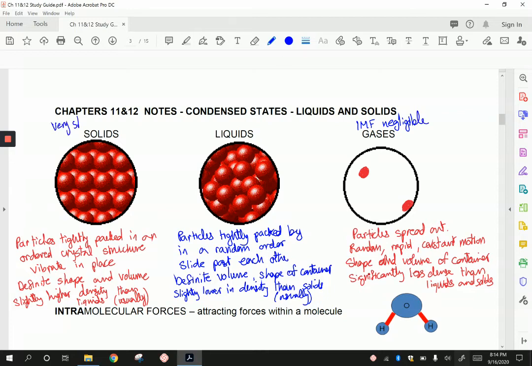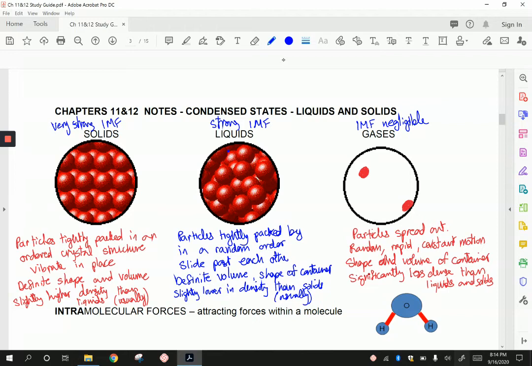Solids have very strong IMFs, and liquids have strong IMFs. So liquids and solids have pretty strong intermolecular forces. The solids are slightly stronger. With gases, these intermolecular forces are negligible, insignificant. Remember, the kinetic molecular theory basically says there's no force of attraction, and so we kind of ignore them.